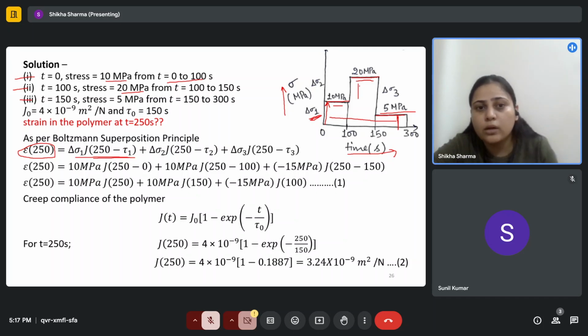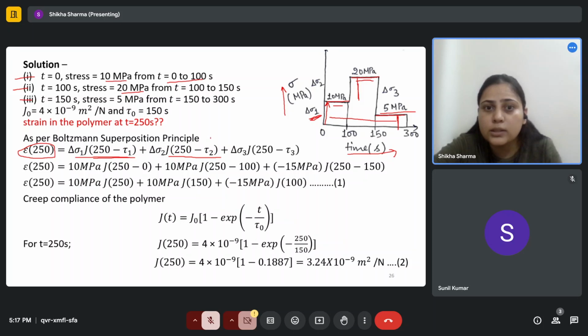So this value will be there. So 20 megapascal, from 10 the stress goes to 20. So this value will be there, multiplied by creep compliance at 250 minus tau 2.